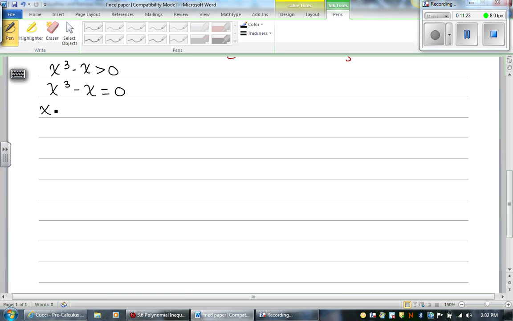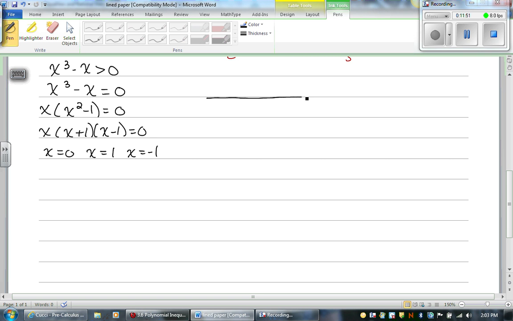So we're going to pull out a GCF, continue to factor. We get x equals 0, x equals 1, x equals negative 1. So now we actually have 3 values that we're going to have to place onto that number line and decide what to do with. Okay. So that's exactly what we're going to do.